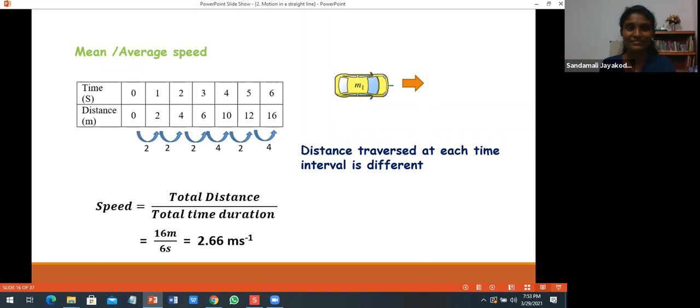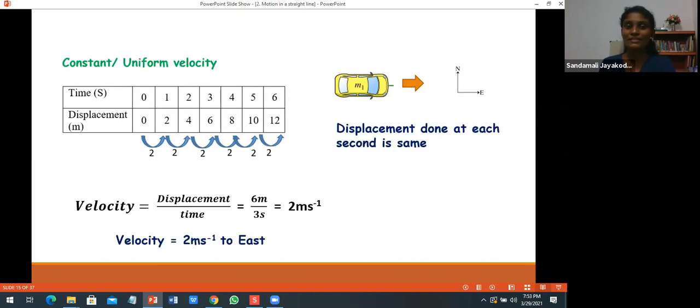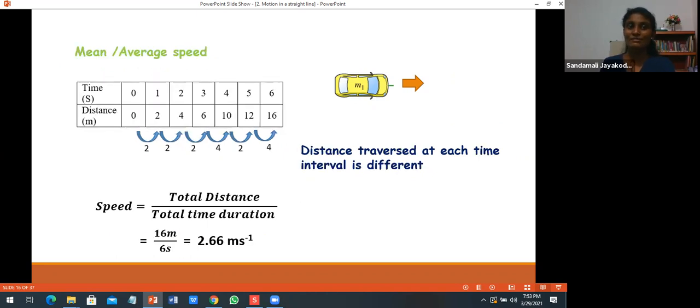Then after constant velocity and constant speed, we were discussing constant or uniform velocity. Then we are going to discuss mean or average speed. Here, the meaning is that we are traversing different distances at different time intervals.